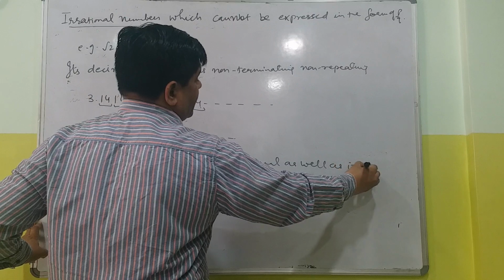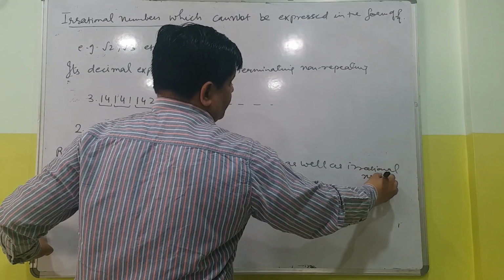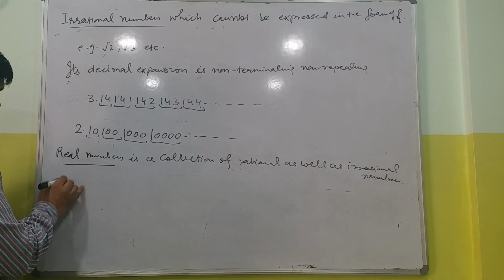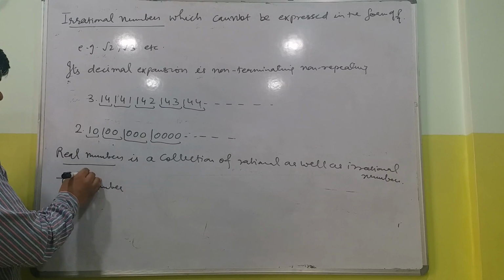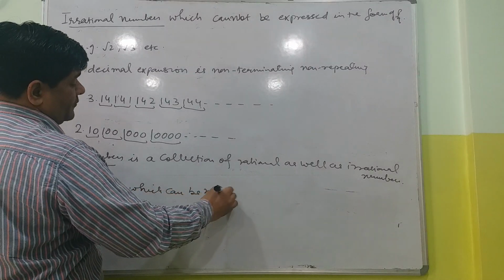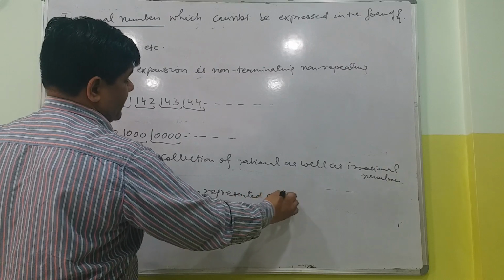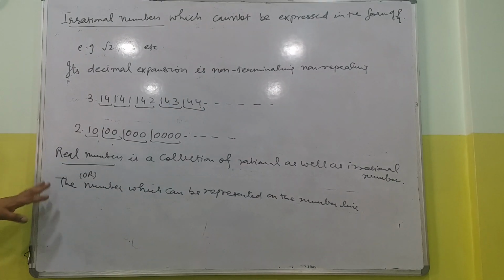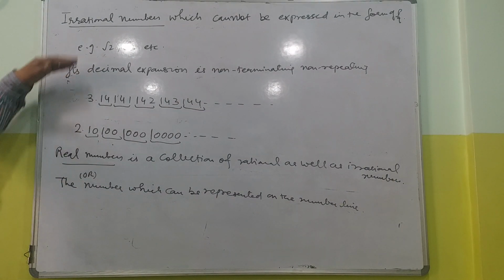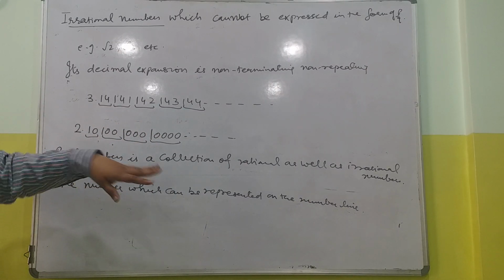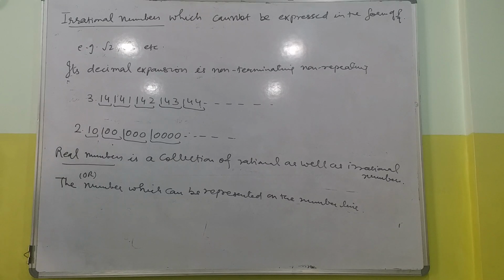So everything comes in real numbers. And there is another definition: the number which can be represented on the number line is called a real number. So real numbers, rational and irrational, we can represent on the number line. Right?